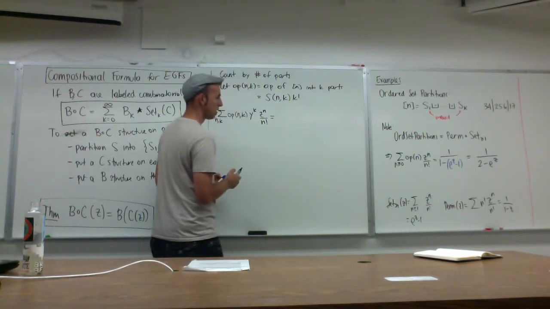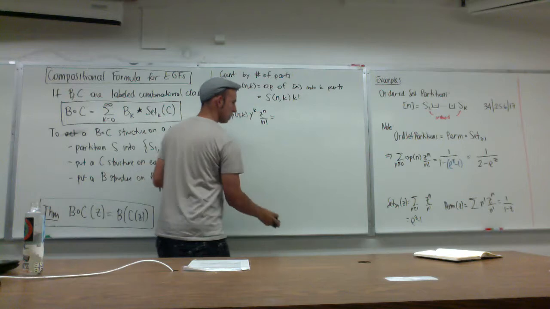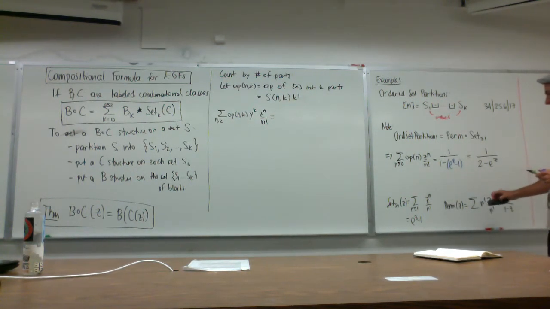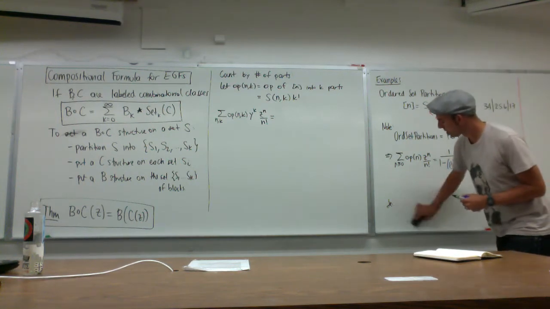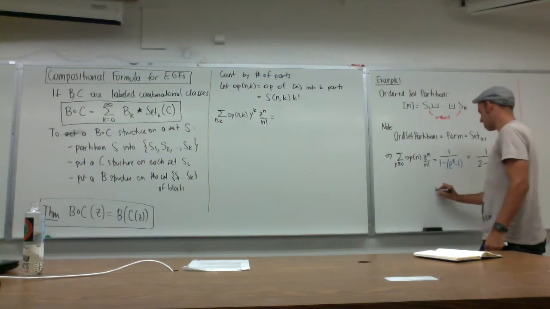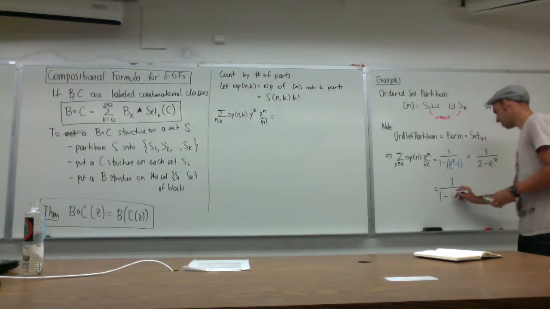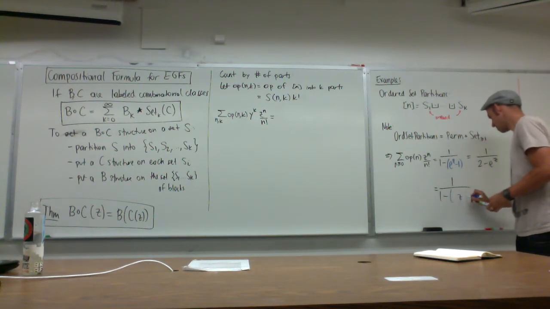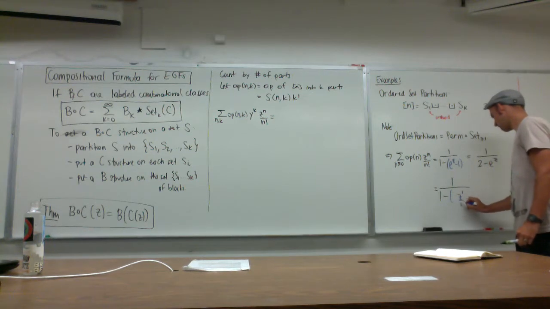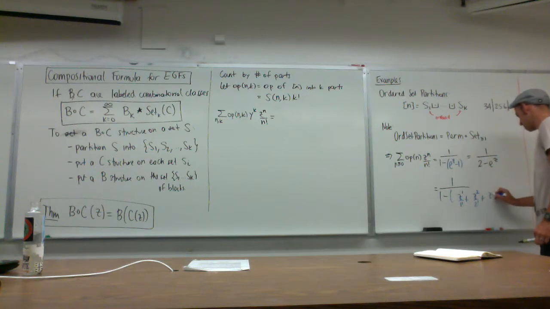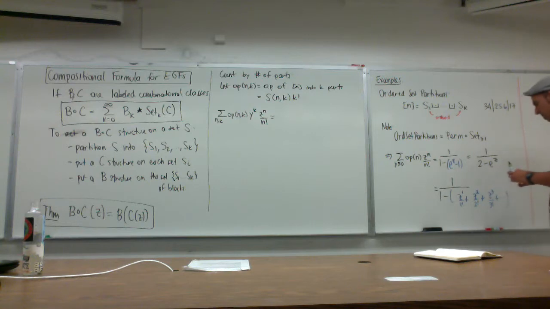So let me rewrite this a little bit further as z to the 1 over 1 factorial plus z to the 2 over 2 factorial, etc. Okay.